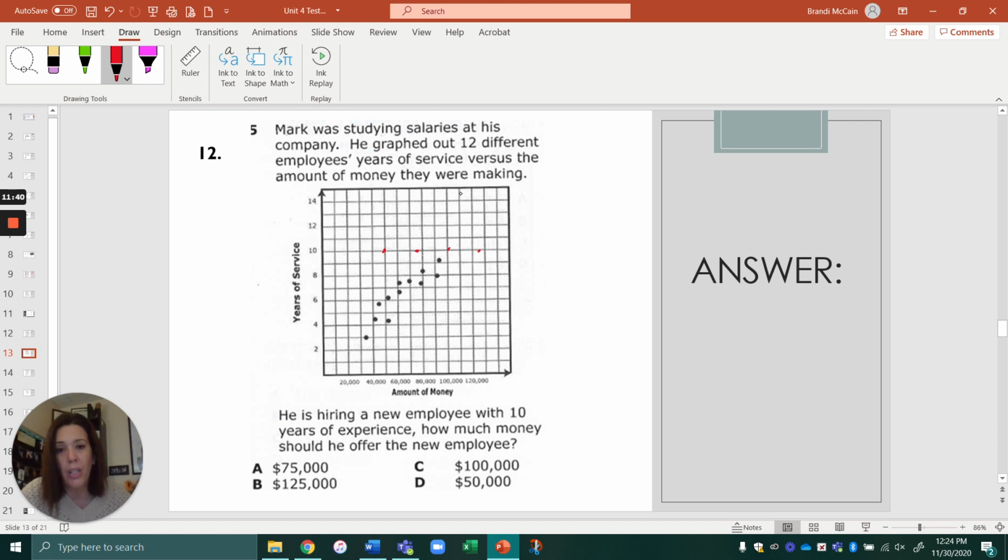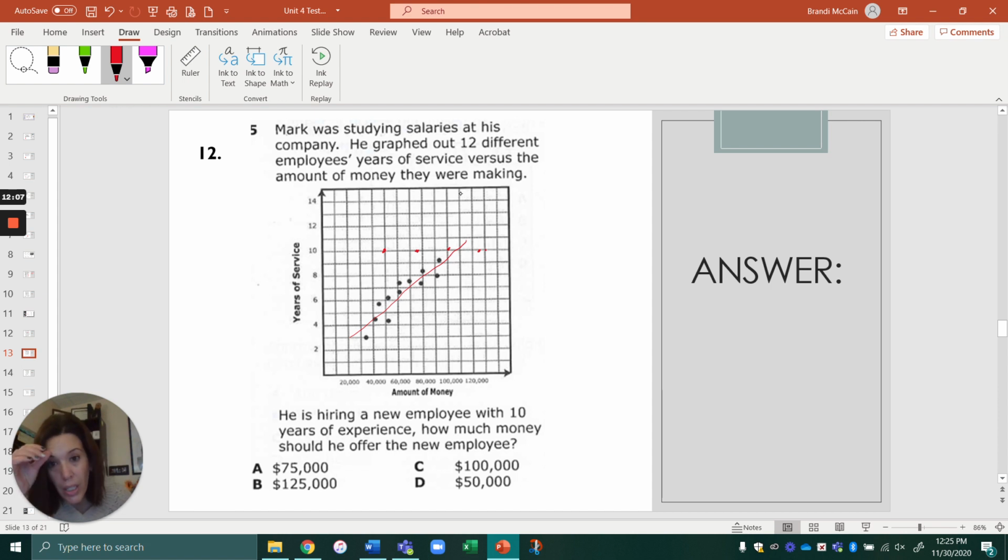See, that's why I hate these problems. 125 will be over here. Oh goodness. This is our line of data here. Oof.